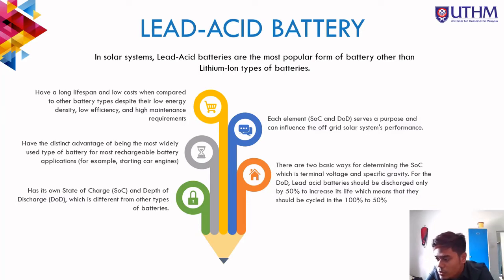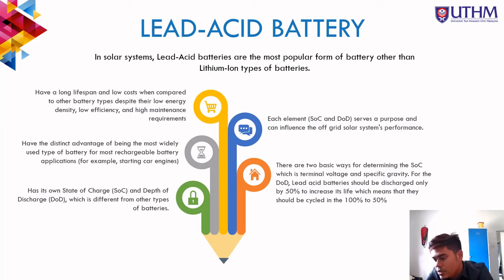Despite their low energy density, low efficiency, and high maintenance requirements, lead acid batteries have a long lifespan and low cost when compared to other battery types. So lead acid batteries have the distinct advantage of being the most widely used type of batteries for most rechargeable battery application. For example, starting car engines.